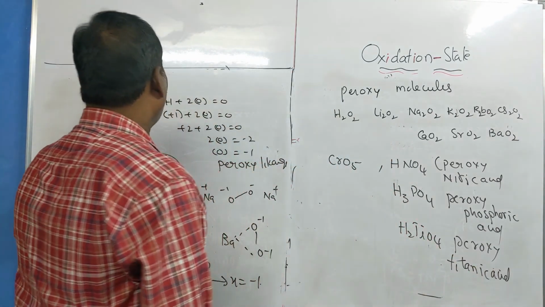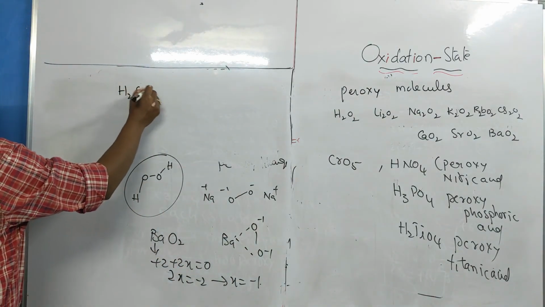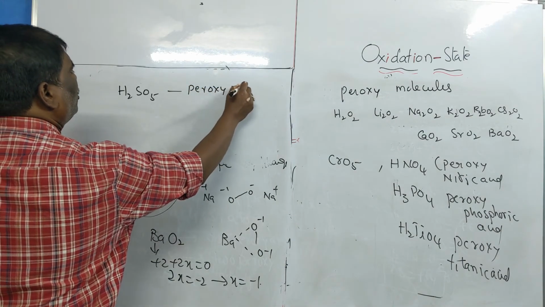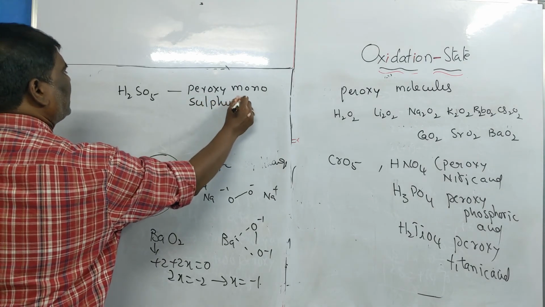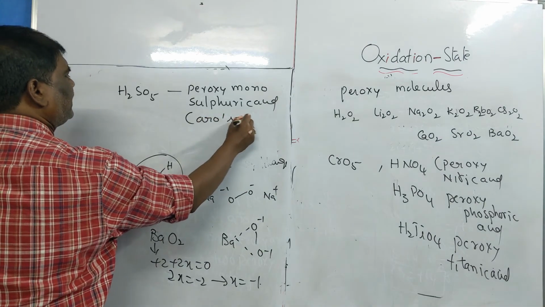Similarly, two more, they are sulfur oxo acids. H2SO5 is called peroxymonosulfuric acid, or this is commonly known as Caro's acid.